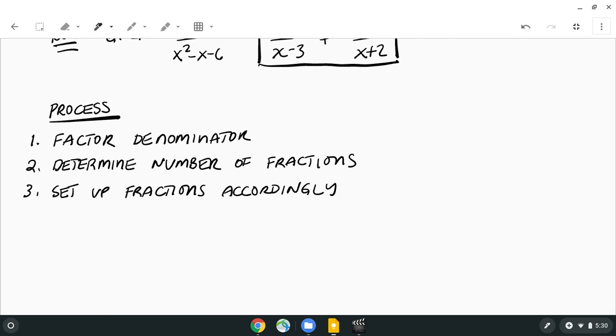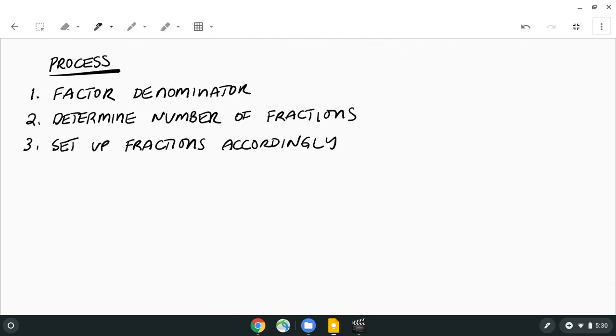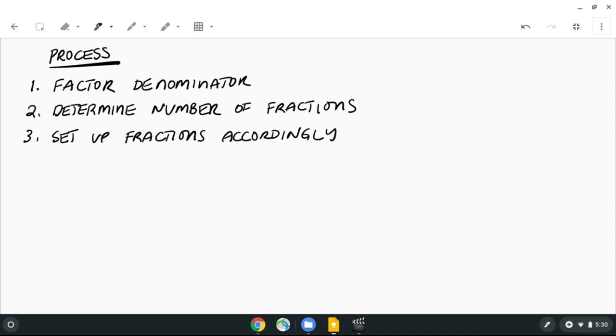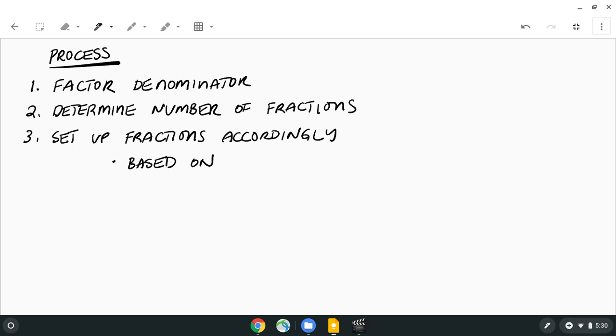When you set up these fractions, this is going to be based on the factors of the denominator. That's why the first step is to factor the denominator.